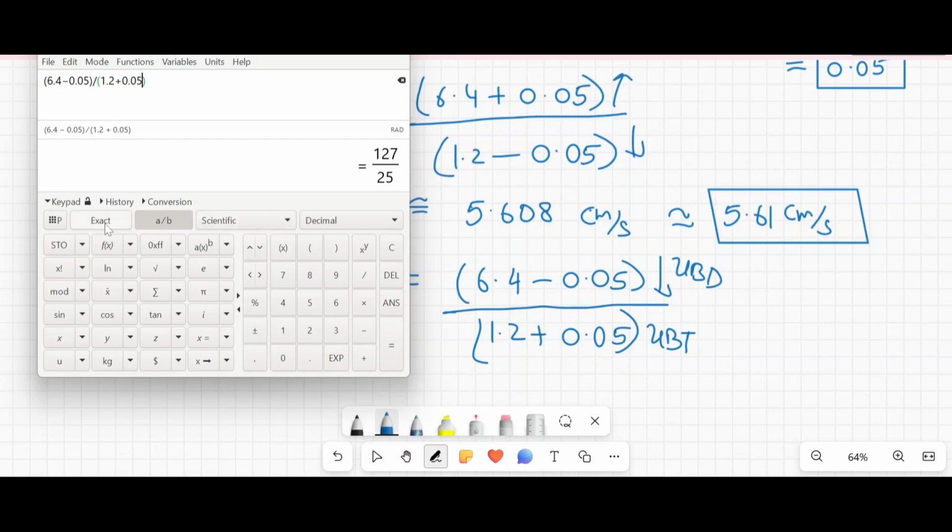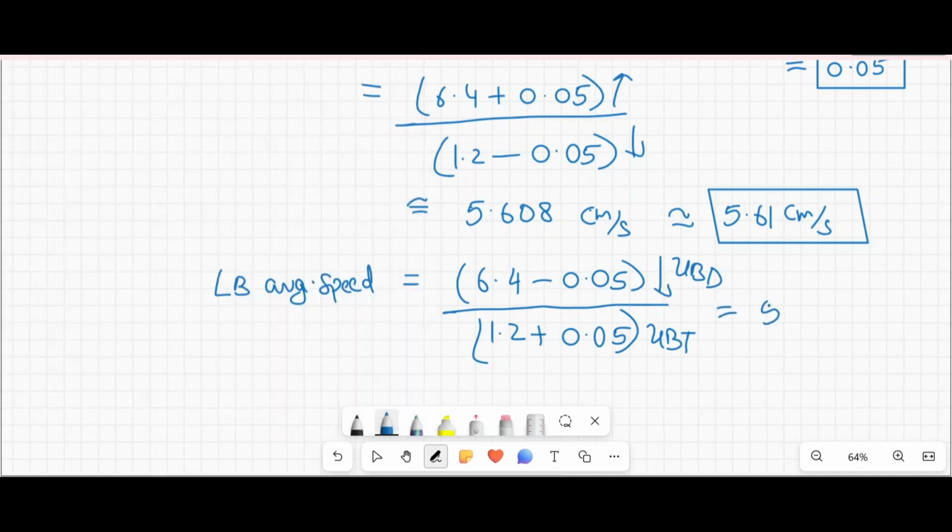So the answer is 5.08 centimeters per second. This is the lower bound of the speed. So I think that's it for this question.